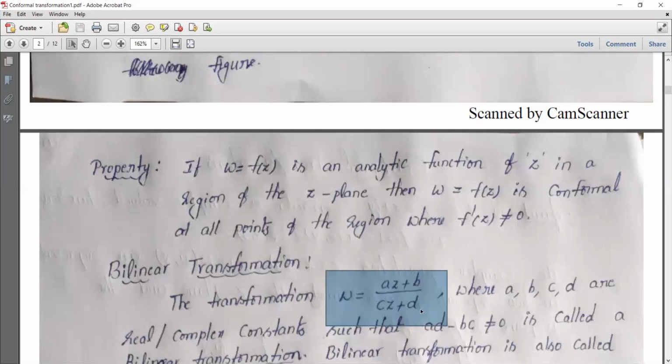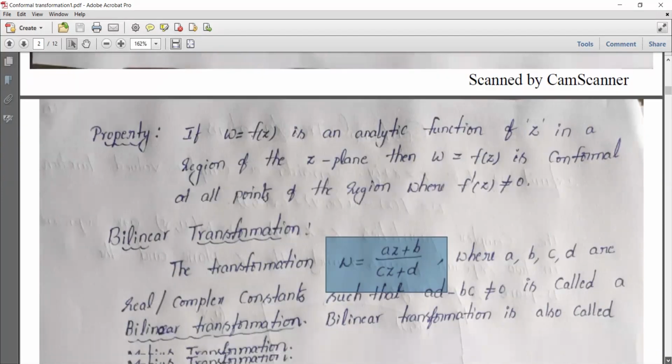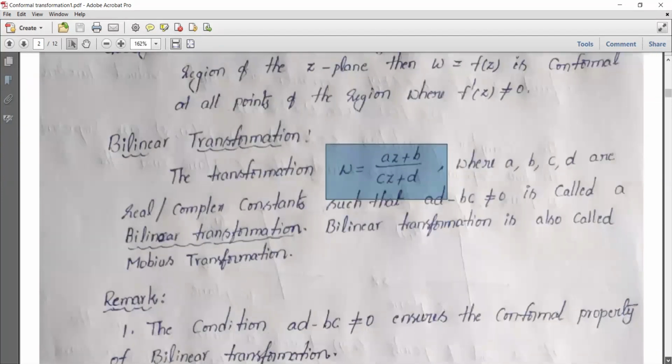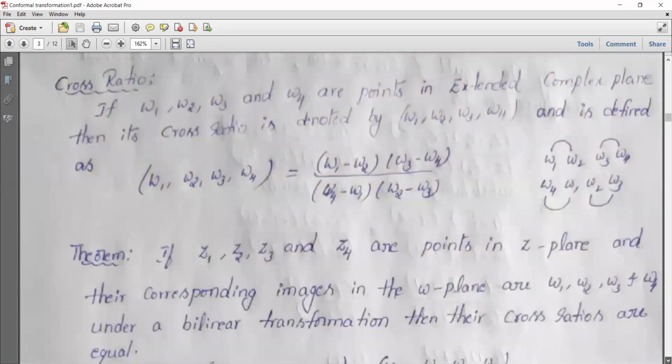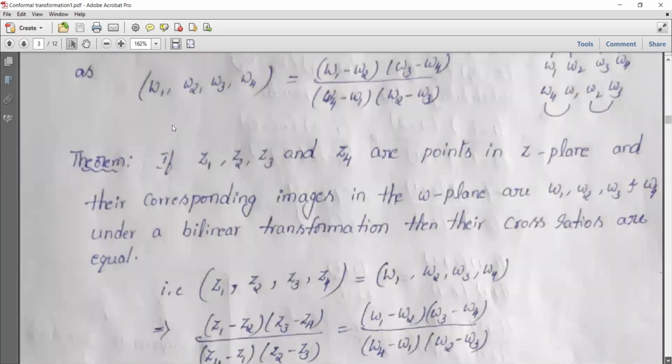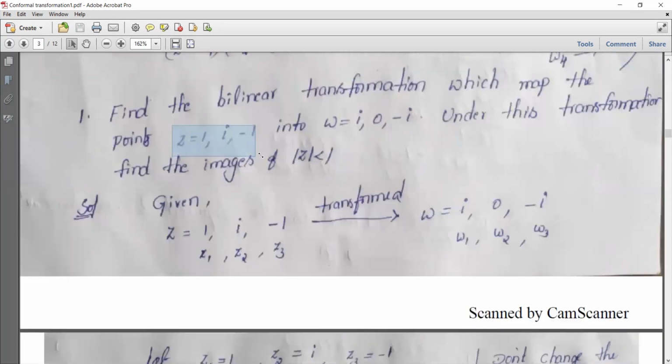This is called the bilinear transformation. We should find this transformation now. For finding W equal to (AZ plus B) by (CZ plus D), they have given some information to us. What is that information? The Z points, 3 points 1, i, minus 1, transform to W equal to i, 0, minus i.